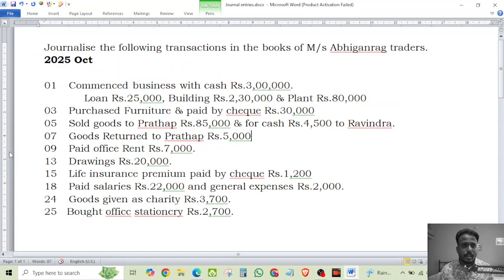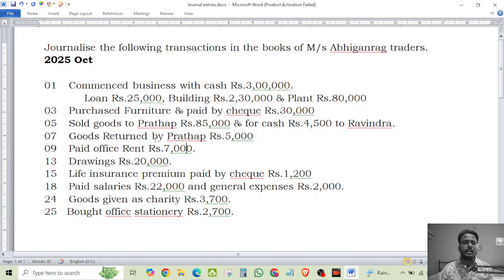The next date is 7th, goods returned to Pratap. Goods worth rupees 5,000 returned. Actually it is supposed to be goods returned by Pratap, because we have sold goods to Pratap, he should receive the goods, later he is returning goods to us.